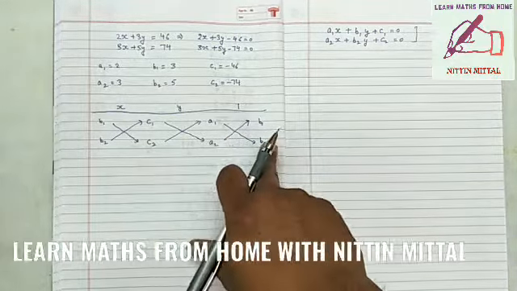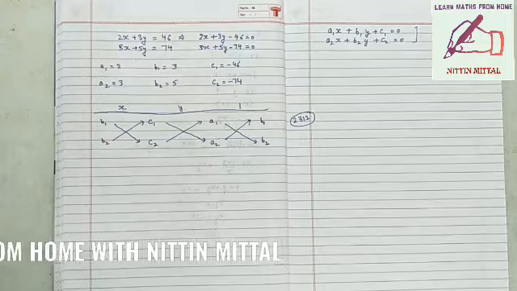This method is also known as the 2 3 1 2 method, where 2 stands for B, 3 stands for C, 1 stands for A, and 2 stands for B. So using this you can remember it. This is a memory tip. Now let me proceed.